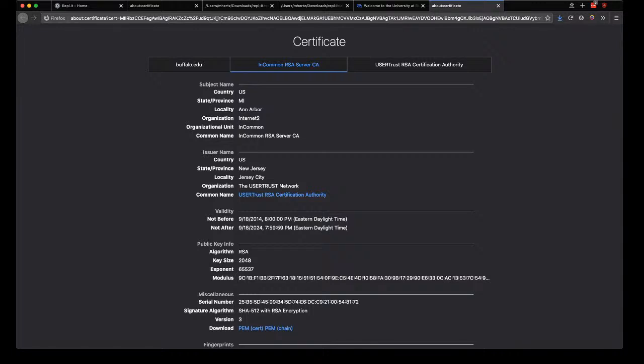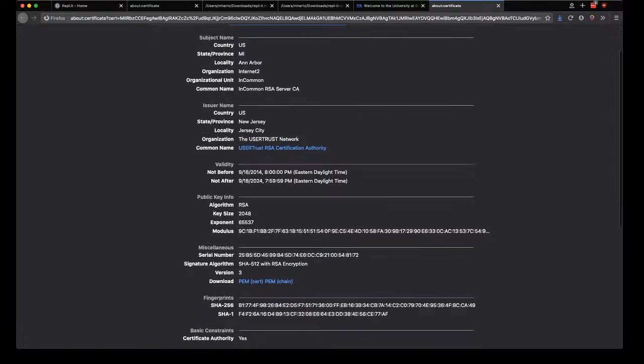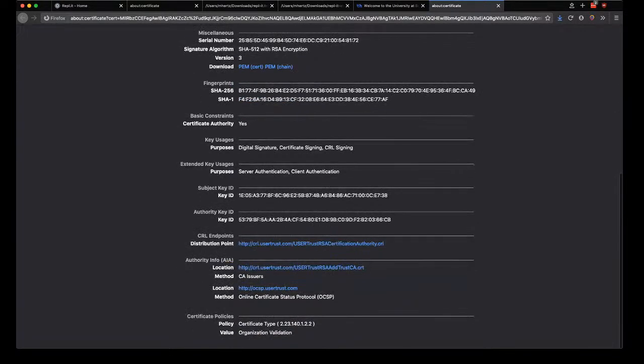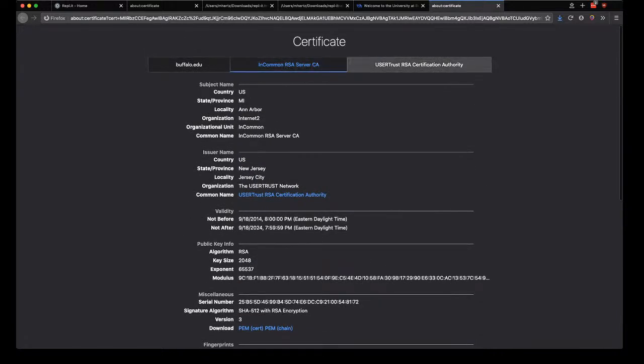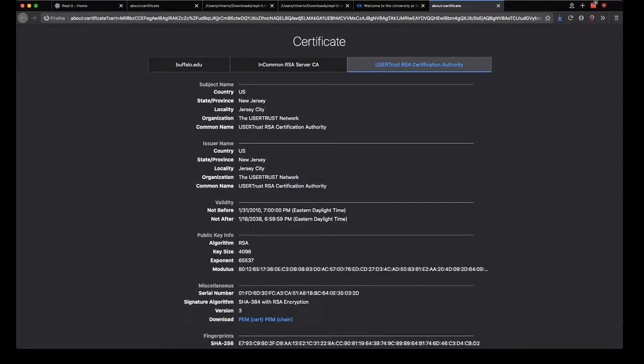You can see it's part of the Internet2, this group of academic sites that do that. It's a much longer certificate. It's going to last for 10 years. And then it's able to sign certificates. And of course, it came from this USERTrust, so another one of those root level authorities.